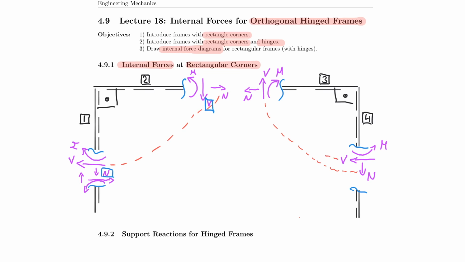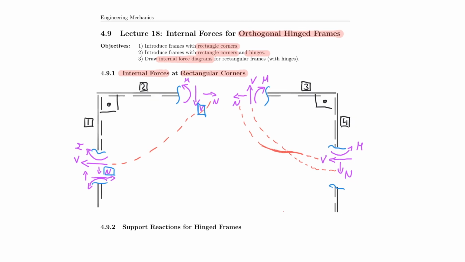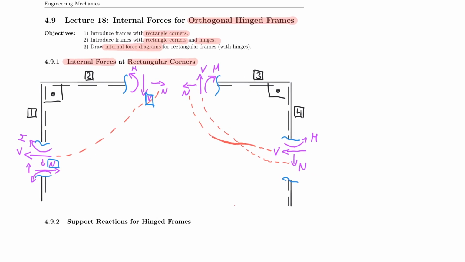And the shear force at member 4 has to interact with the normal force at member 3. So that is something we can memorize, that at 90-degree corners, the shear force and the normal force interact with each other, right?